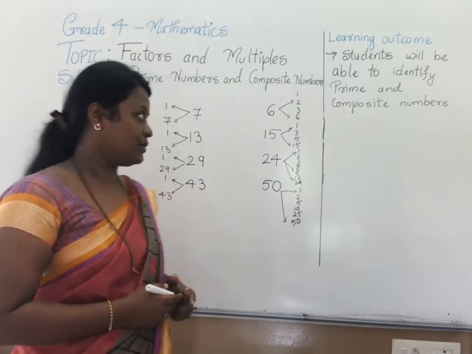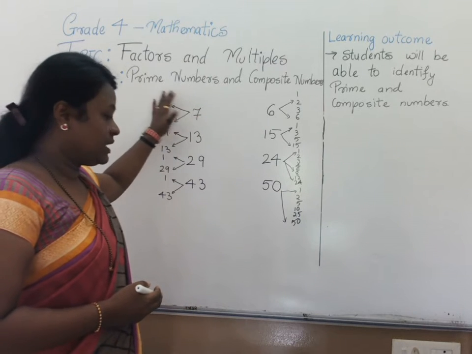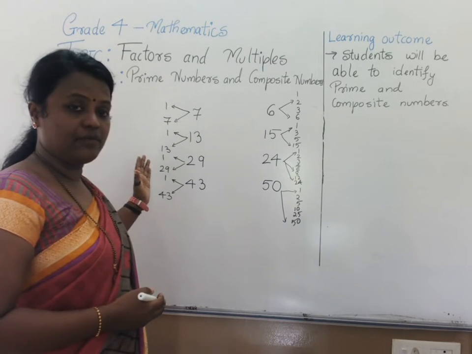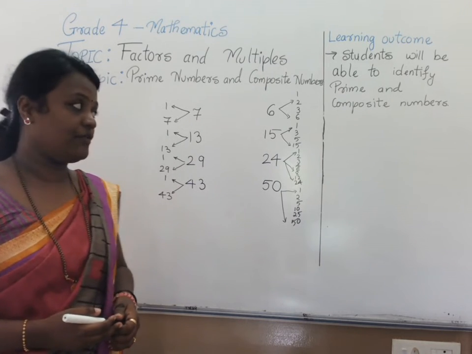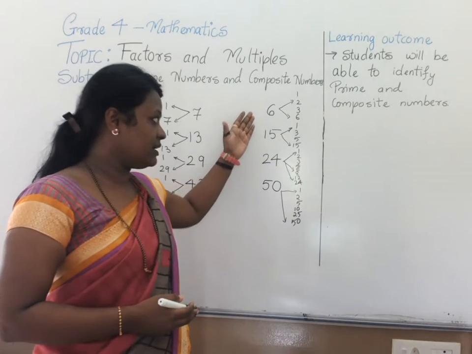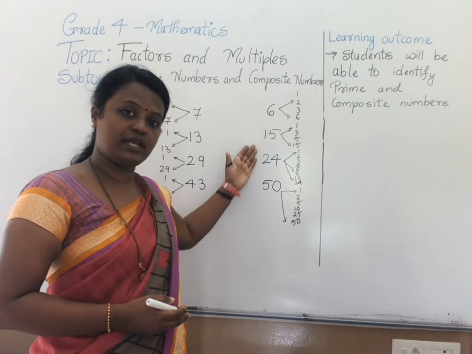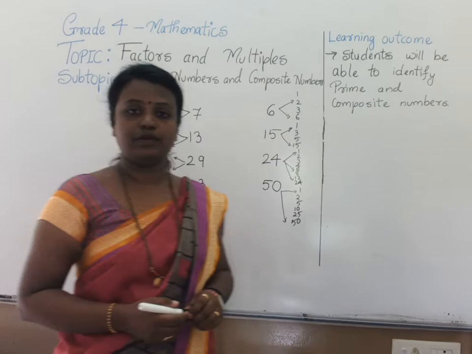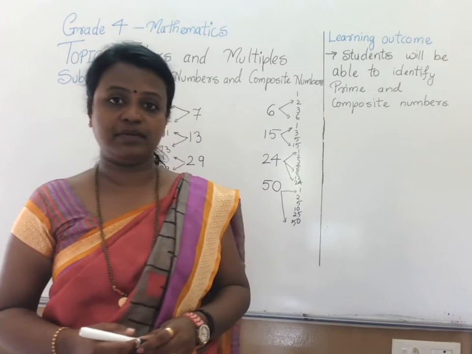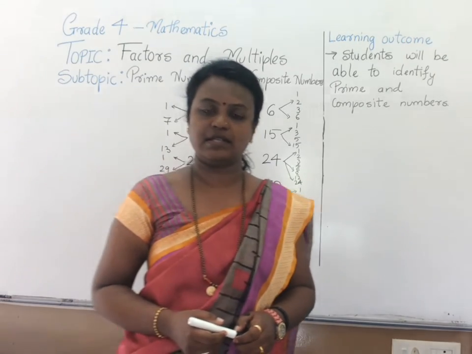Yes, you could note that on the left side the numbers have 1 and the number itself as the factors, whereas on the right side there are more than 2 factors. This comes to the definition of prime numbers and composite numbers.